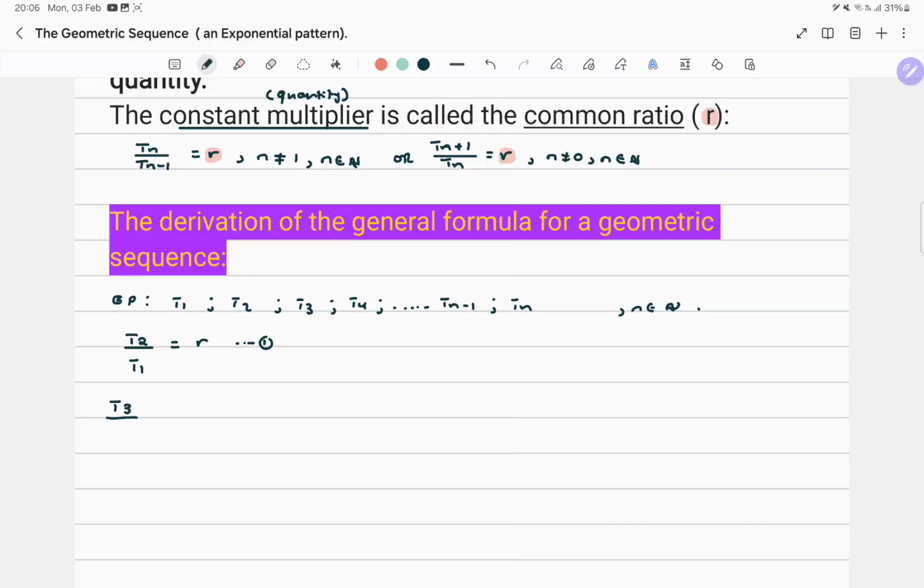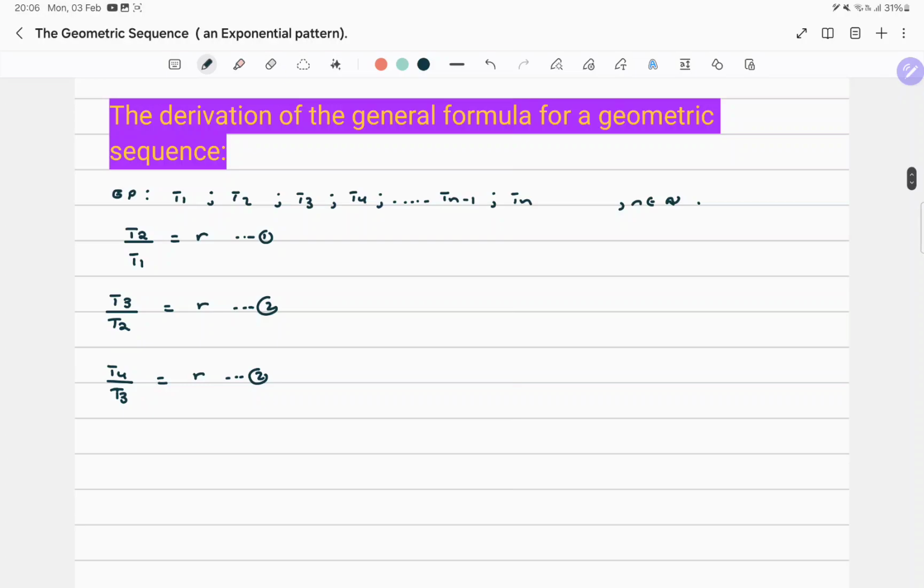Term 3 divided by term 2 also gives us R. That's our second equation. We know term 4 divided by term 3 gives us R still. All right, and this continues up until we end up with Tn divided by Tn minus 1, which gives us R.